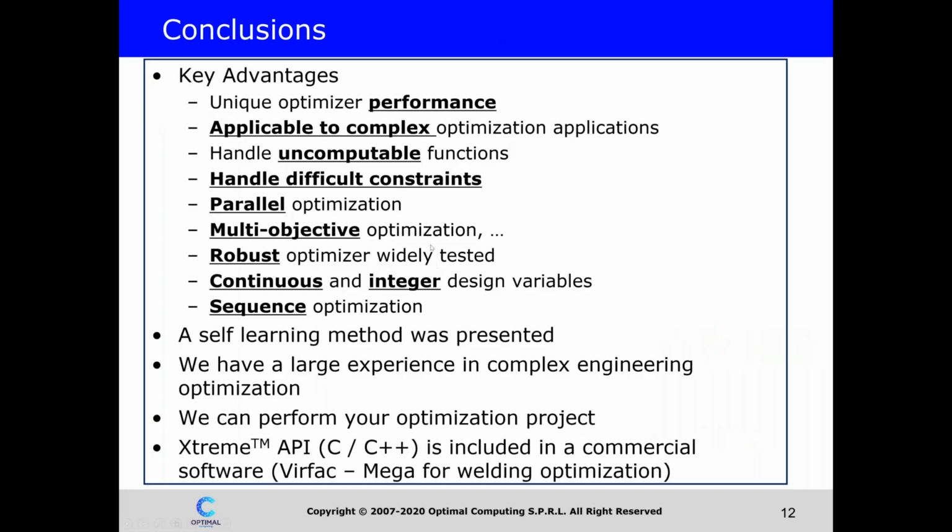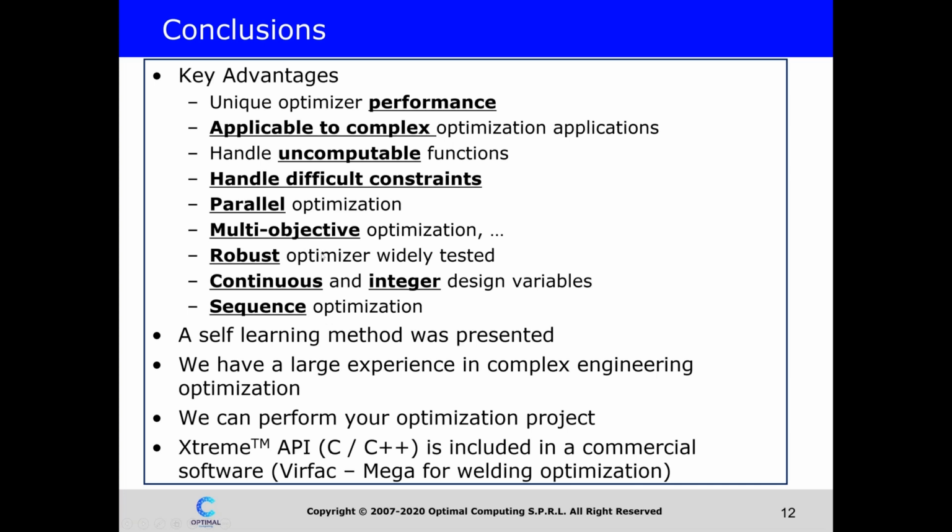So to conclude this part, I think I showed you that we have a unique optimizer, unique in terms of performance. It can be applied to complex optimization applications. It can deal with uncomputable functions, with constraints that are difficult to deal with. It has the possibility to make optimization in parallel, to make multi-objective optimization.